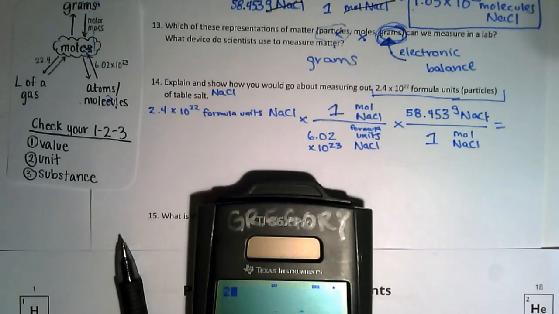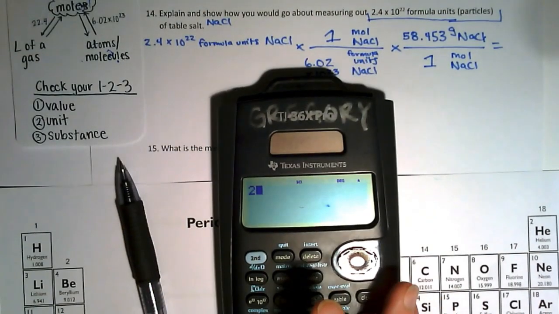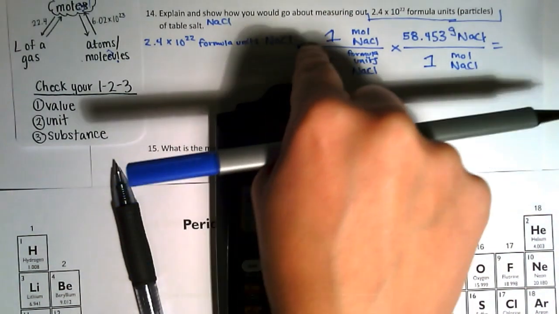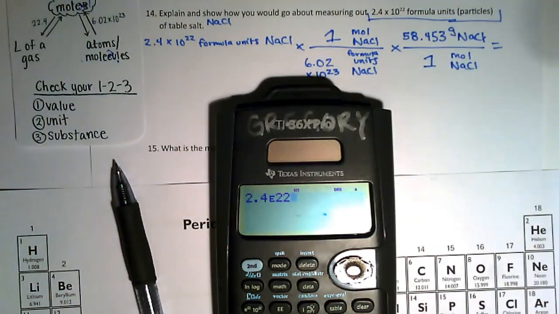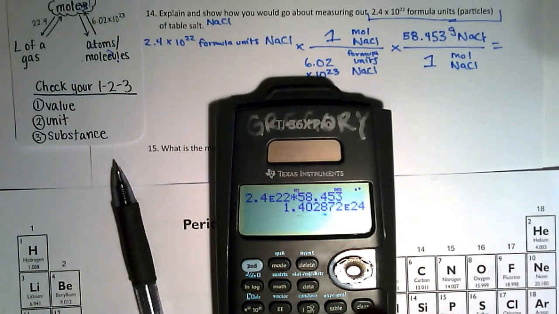So let's move this up a tiny bit so we can look at our calculator. 2.4 e to the 22nd times 58.453. Enter. And then divided by 6.02 e to the 23rd.